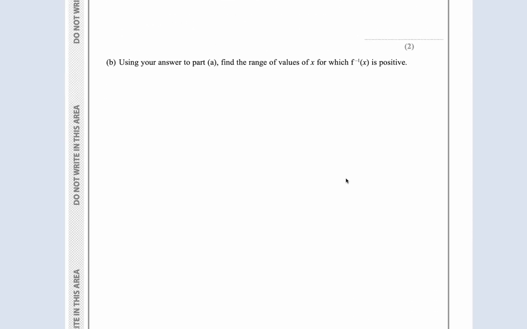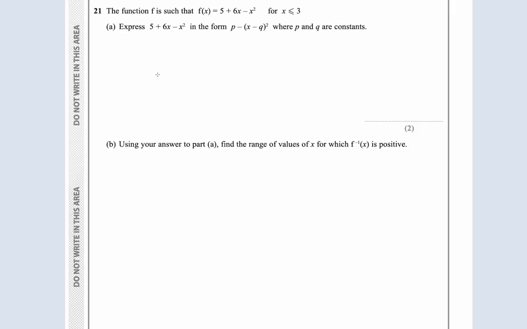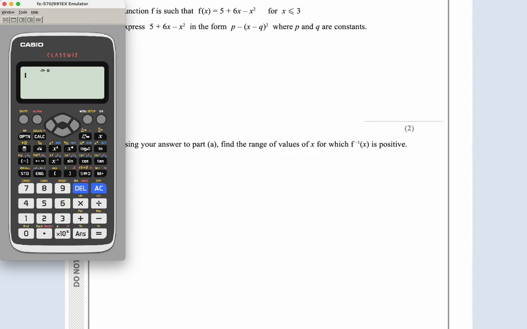And it is worth 7 marks, and no doubt this is difficult. The function f is this, express in this form. So this is completing the square. Now guys, the nicest way to complete the square in the IGCSE, in my opinion, is definitely using your calculator.